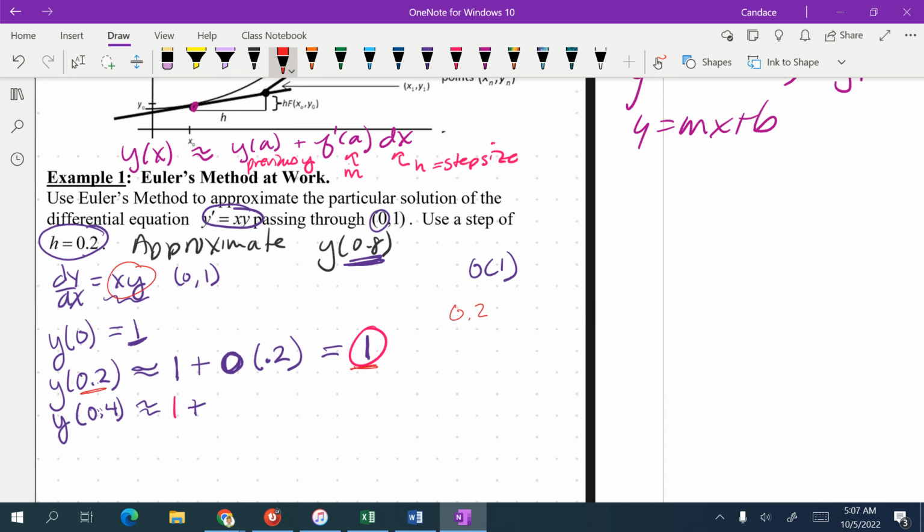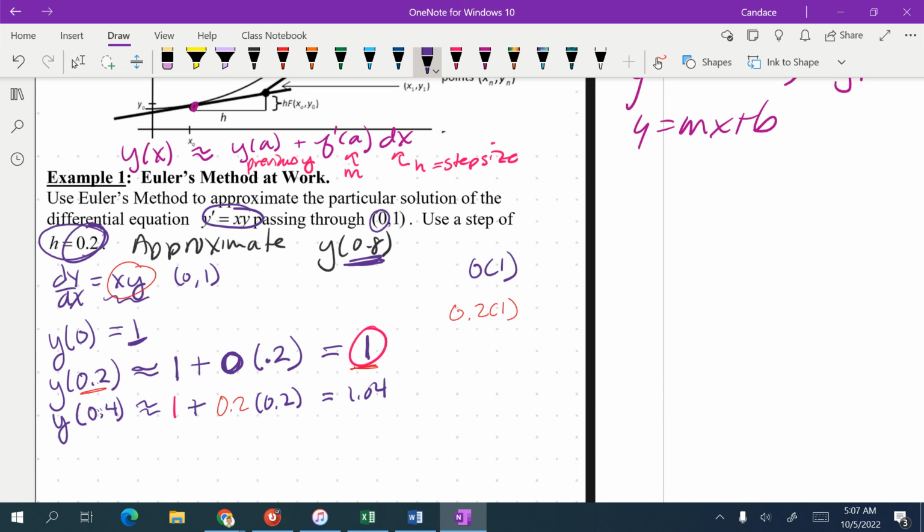I have 0.2 times 1, so that would be 0.2. Then I use my step size, the 0.2. When I multiply that and add that up, I get 1.04.